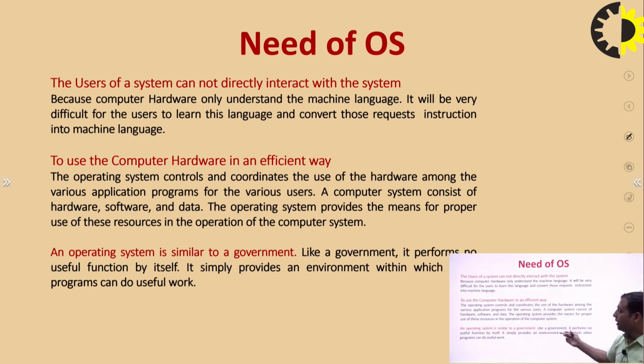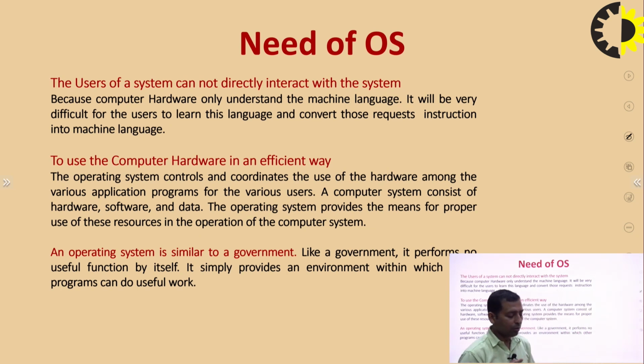Now the third need, we can say an operating system is similar to a government. What is the purpose of the government? Just to provide an environment in such a way that the activities are performed in a good direction, or we can say in an efficient manner. So an operating system is similar to a government.